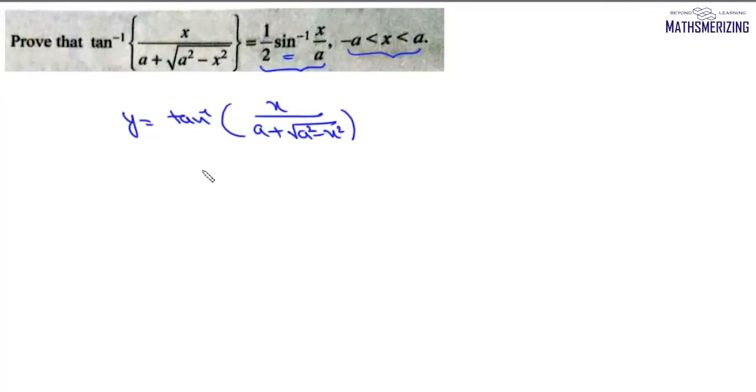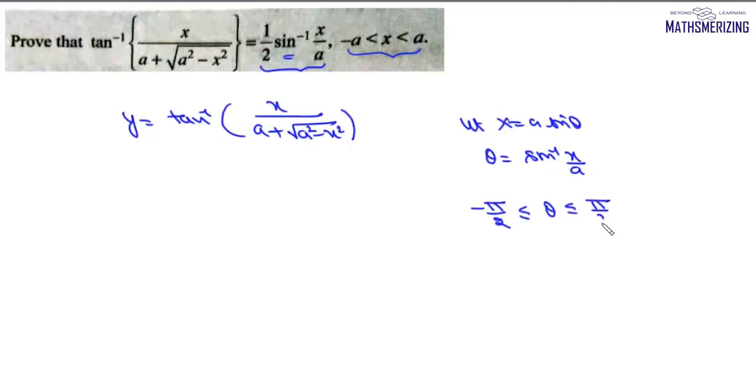So we'll let x as a sin theta, or we can write theta as sin inverse x upon a. And we also know that the principal value range of sin inverse is from minus pi by 2 to plus pi by 2. So this theta belongs to the interval minus pi by 2 to plus pi by 2.